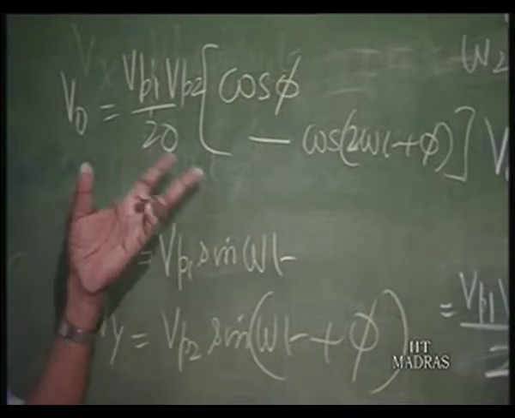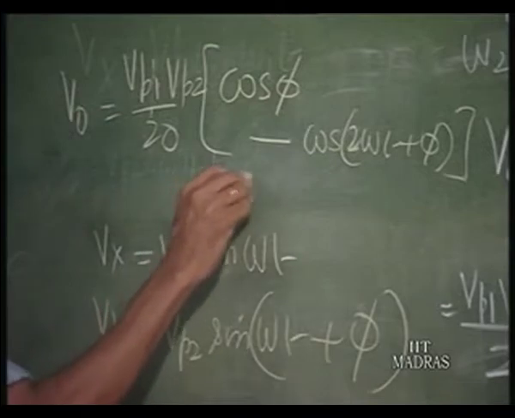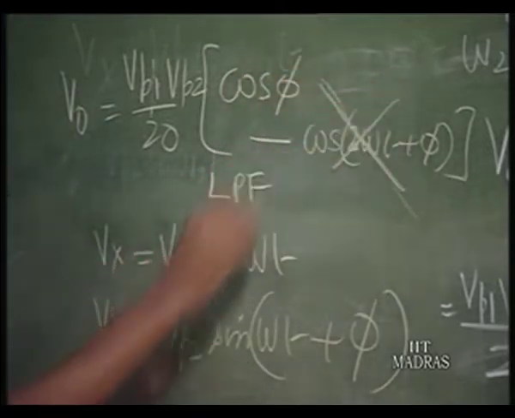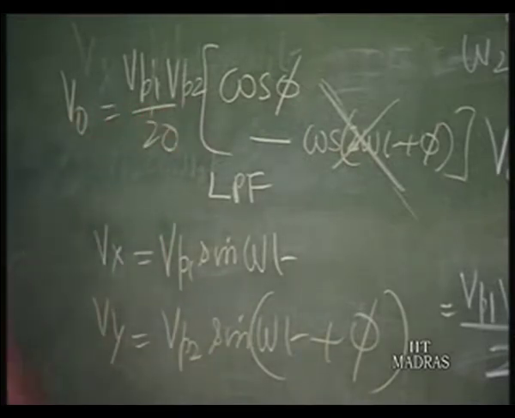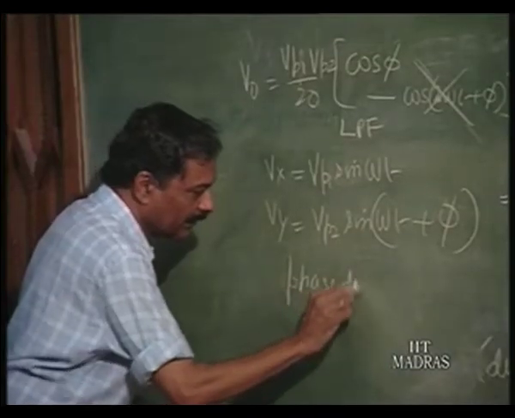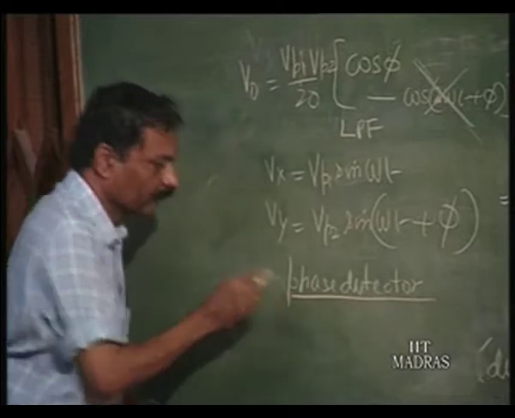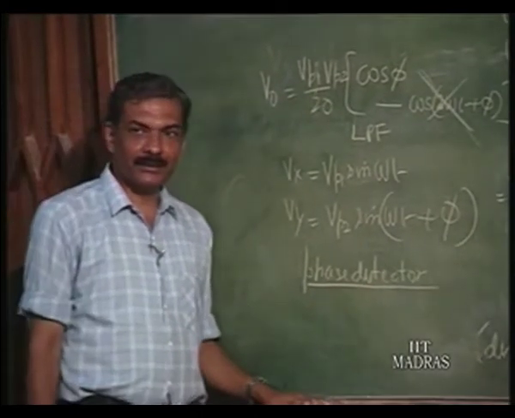You can now see that by putting a low pass filter, I can get rid of this, and the output is Vp1 Vp2 cos phi by 2. What is phi? Phi is nothing but the phase difference. So, this is a phase detector, an important building block in a variety of applications.